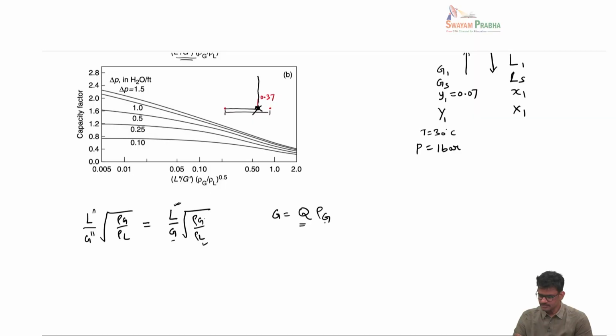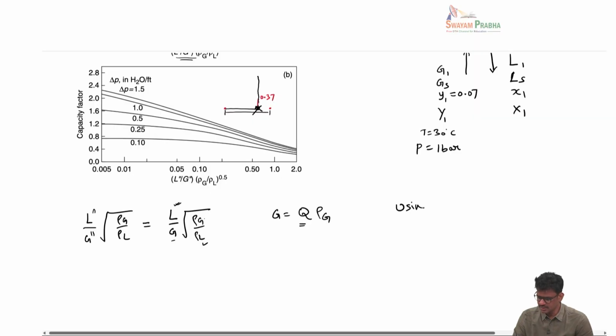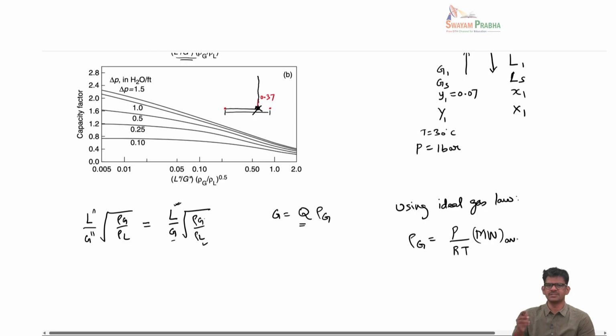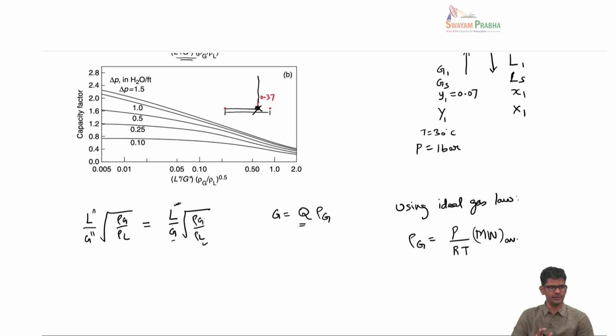Using the ideal gas law, rho G can be calculated as P by RT times the molecular weight. We have to take an average molecular weight, because this gas is not pure air; it has both sulfur dioxide as well as air.